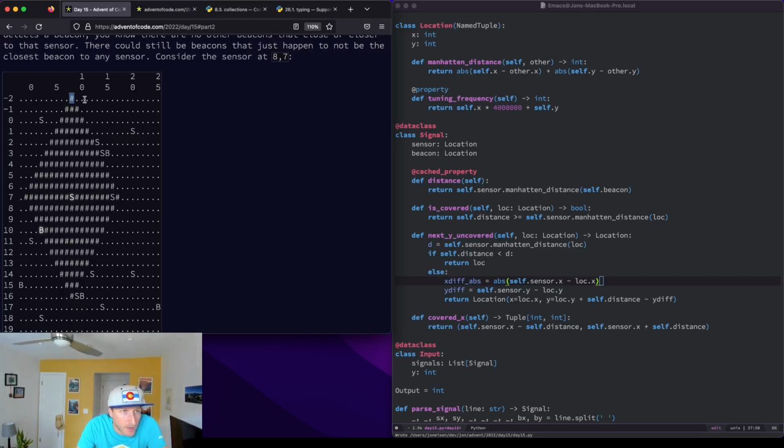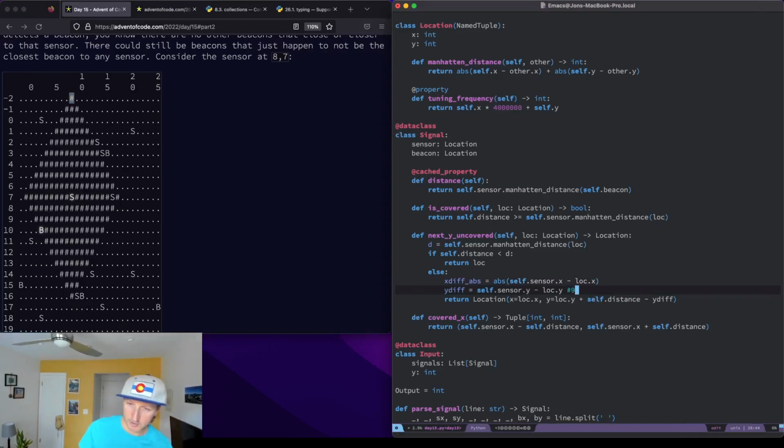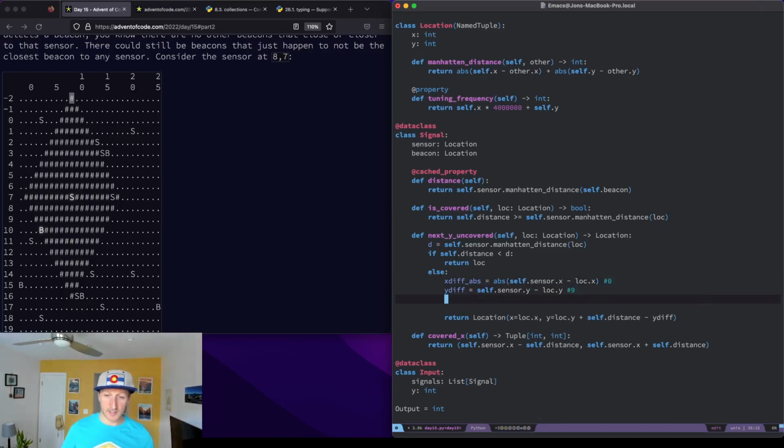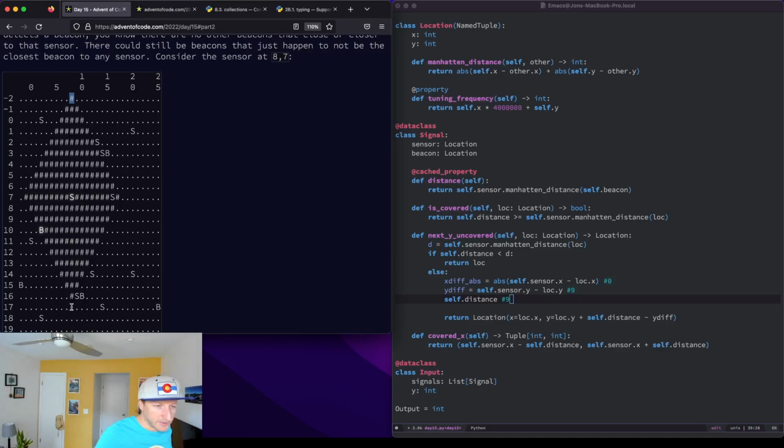Okay, so we're at -2. The sensor's at 7. So 7 minus -2 is 9. So the y diff is 9. The x diff absolute value is going to be 0. And the distance is 9. And we need to add to get all the way to 17.